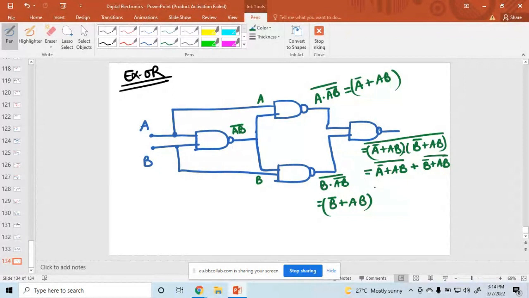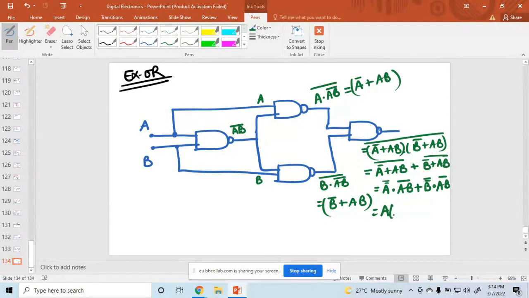Or again you can apply De Morgan's here. Its value is A double bar dot AB bar, and again plus B double bar, and with De Morgan's applied to AB bar, you write this as A into AB bar.